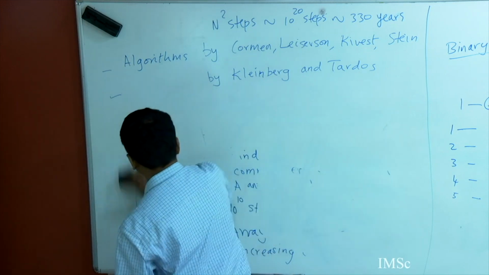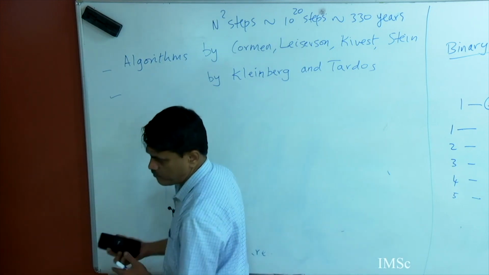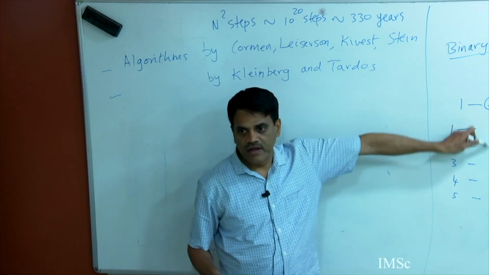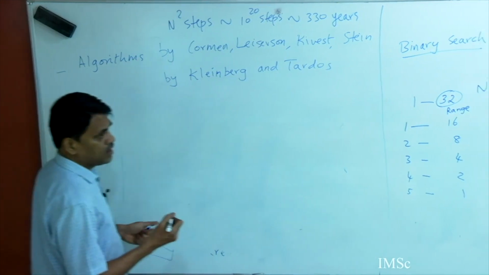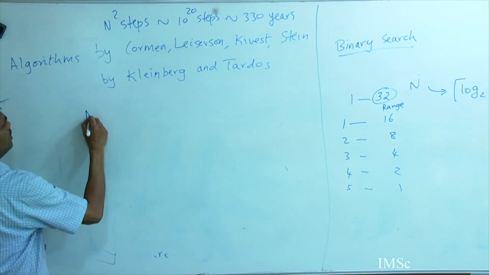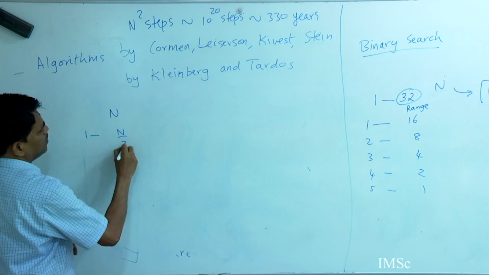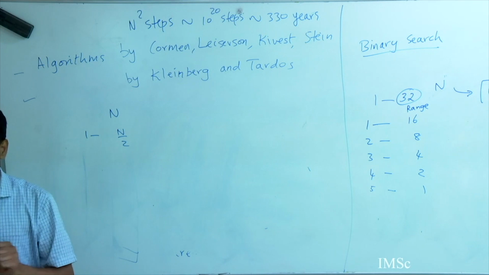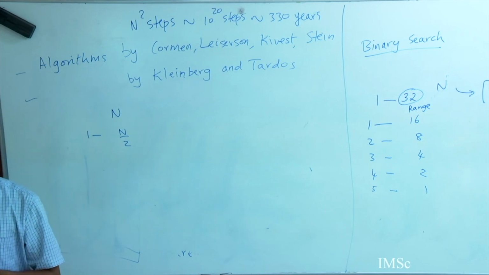Exactly. Okay. So let's do this for general n. If I had n in the range, after one question my range will become n by 2, ceiling n by 2, whatever, because n may not be an even number. So let's round it up.